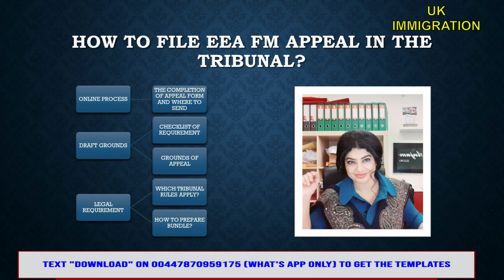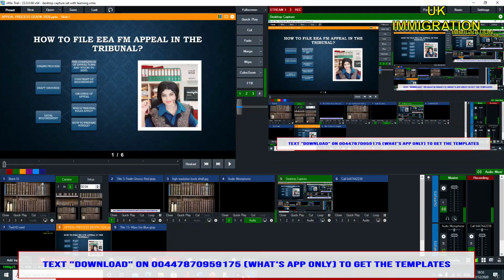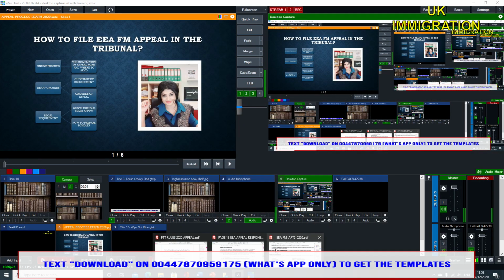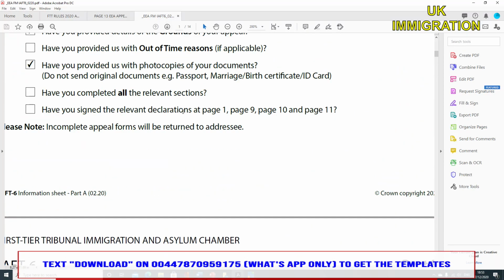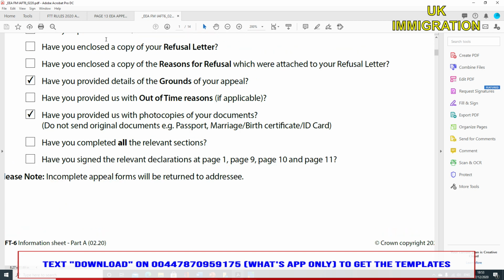First of all, we are going to look into the appeal process, how you can complete your appeal. This is the appeal form, straightforward. This appeal form is EEAFT6, and you will be able to download it from the government website, or if you want the specific form, I can send it to you as well.